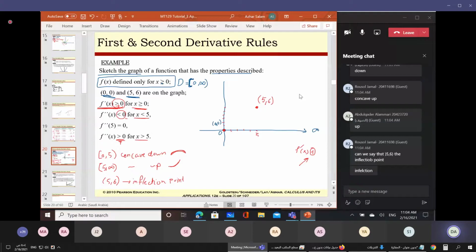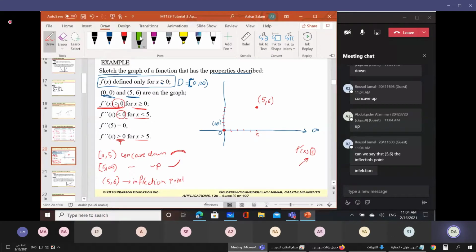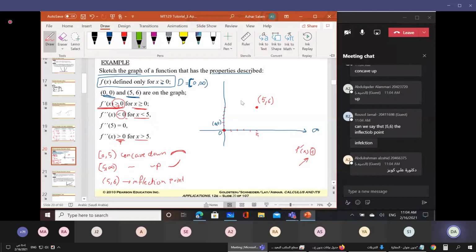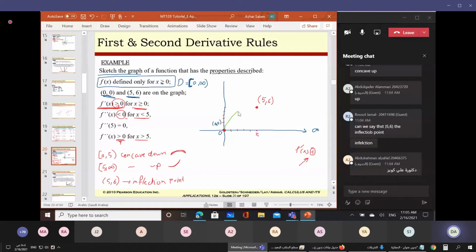Okay, so the only remaining thing is to sketch the graph. We will change the color. I will draw a concave down curve from here to here. Okay, this is concave down. When I reach this point, I will change the concavity, but it is still increasing. I will only change the concavity.